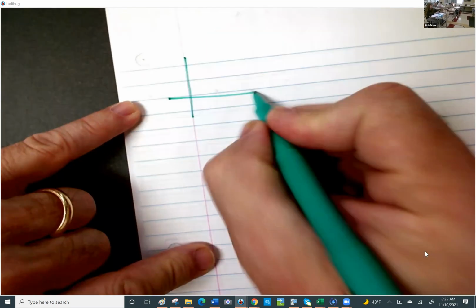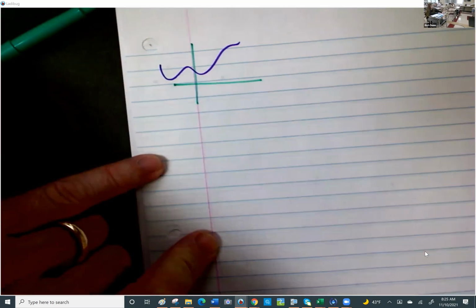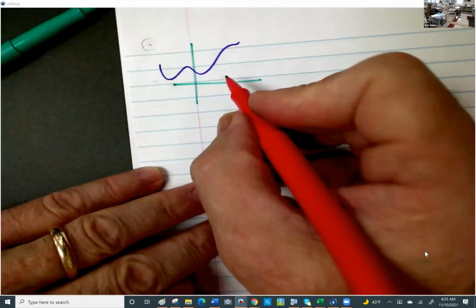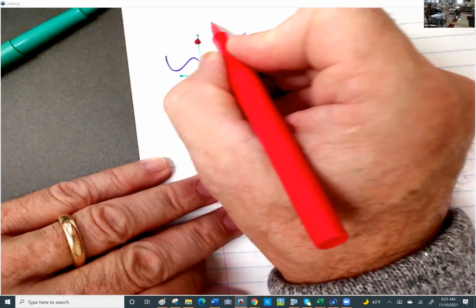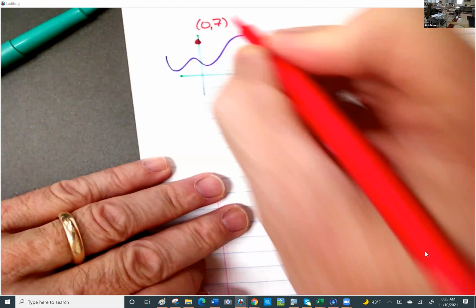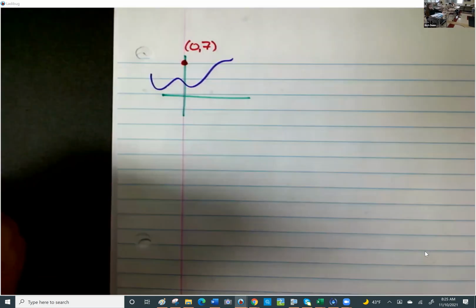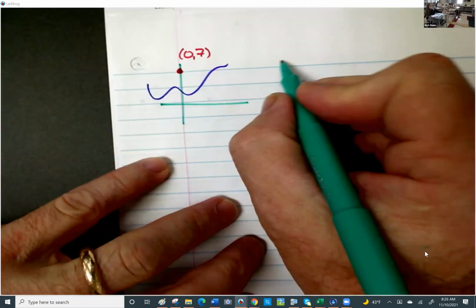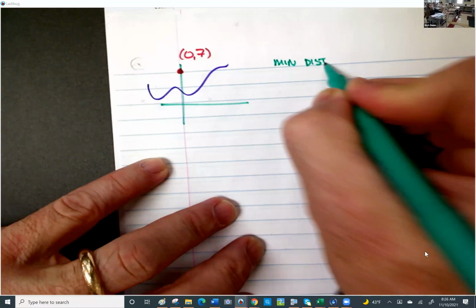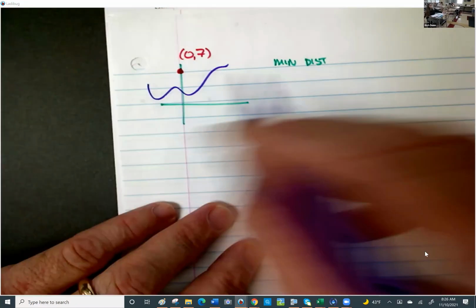We've got some crazy curve, who knows what it is, and we're seeing how far it is away from this point here, 0, 7. Which sounds like, when it says we need to find a minimum distance, we're trying to minimize our distance, which begs us to use our distance formula.